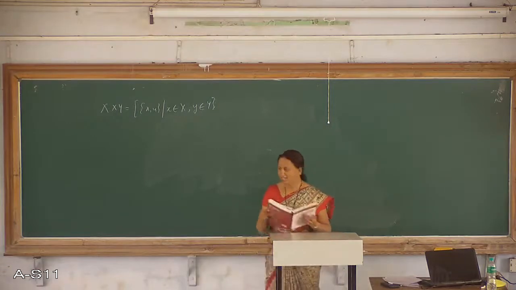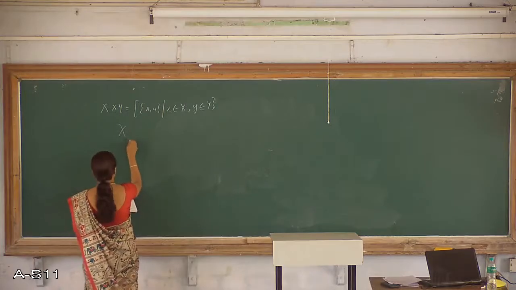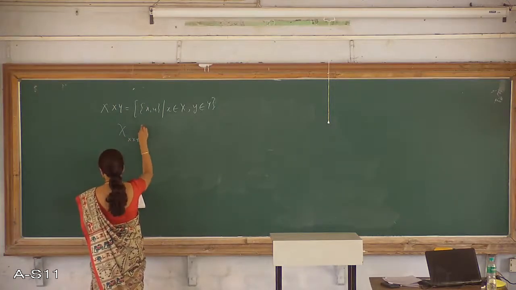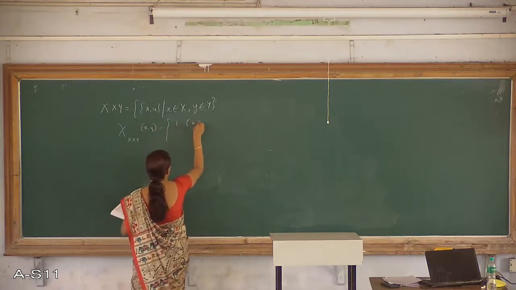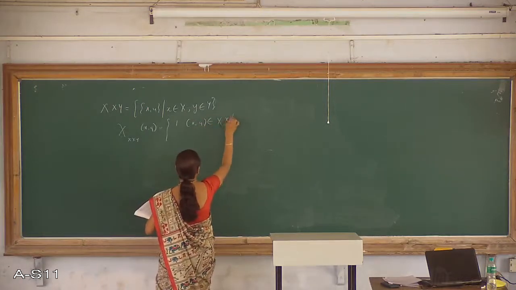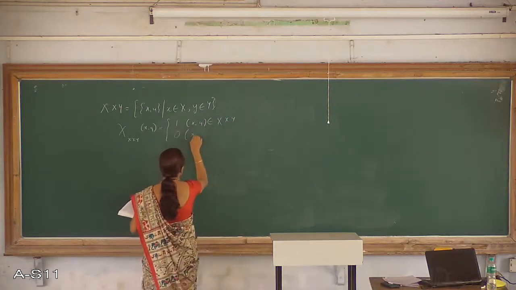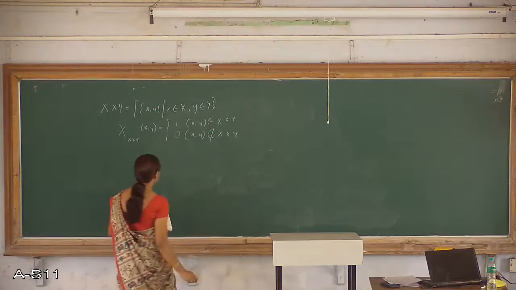So I say that there is a characteristic function χ of x cross y of (x, y), which is equal to 1 if (x, y) belongs to the Cartesian product x cross y, and 0 if (x, y) does not belong to x cross y.